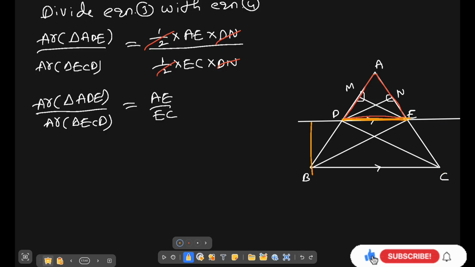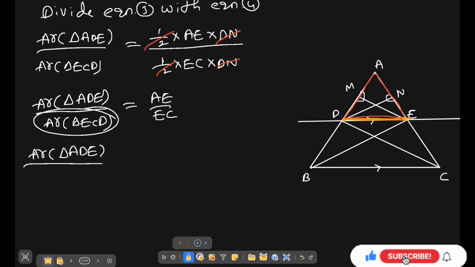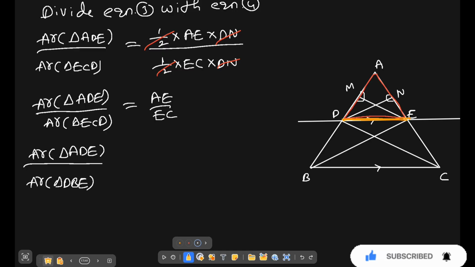So in place of triangle ECD, you can write triangle DBE. So area of triangle ADE by area of triangle DBE is equal to AE by EC. Let this be equation 6.